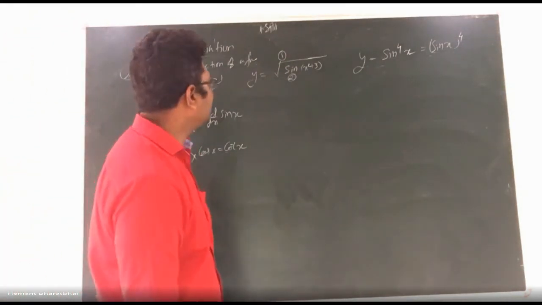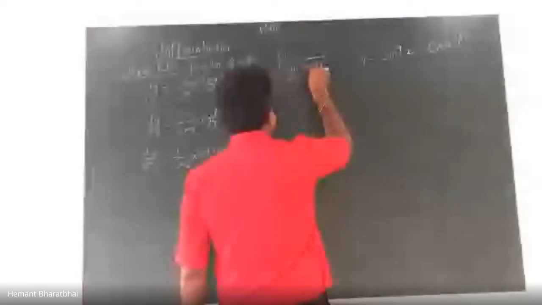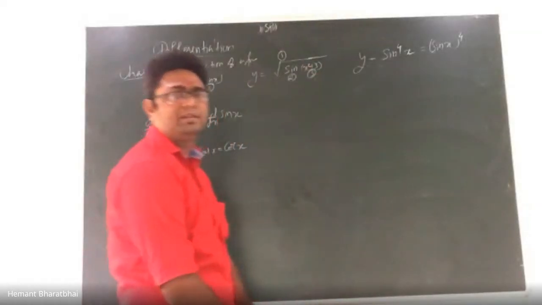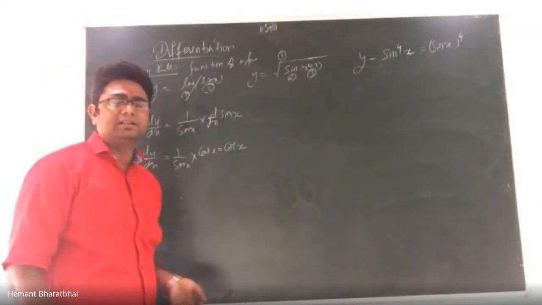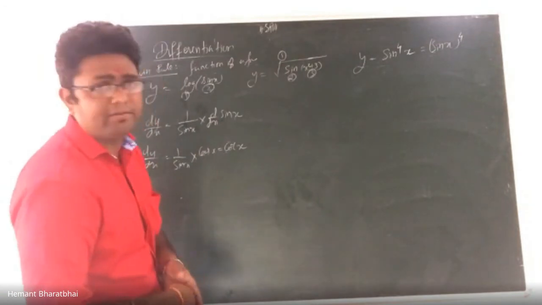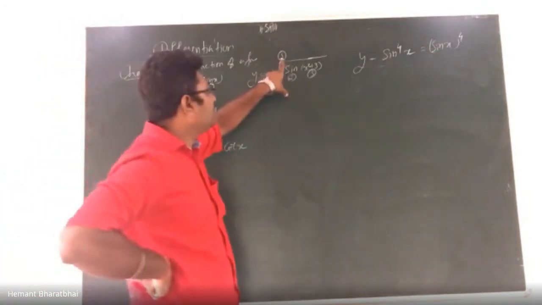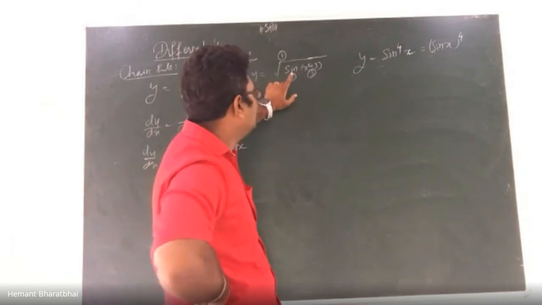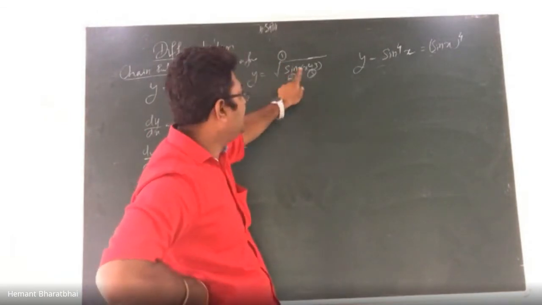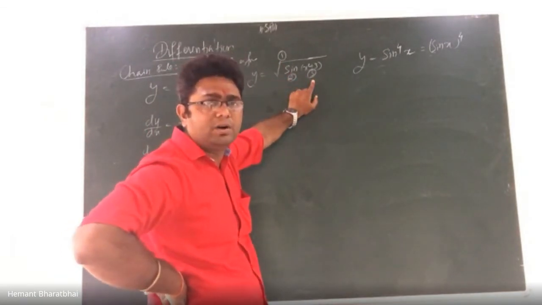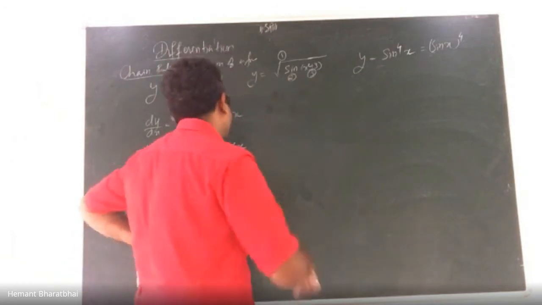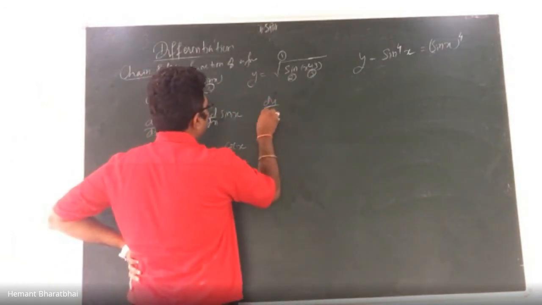Now instead of x, there is x square plus 3. Hence I'll give it number 3. So when I write like this, I'm giving the order that first I'm going to take the derivative of square root, then the derivative of sine, and then the derivative of x square plus 3.